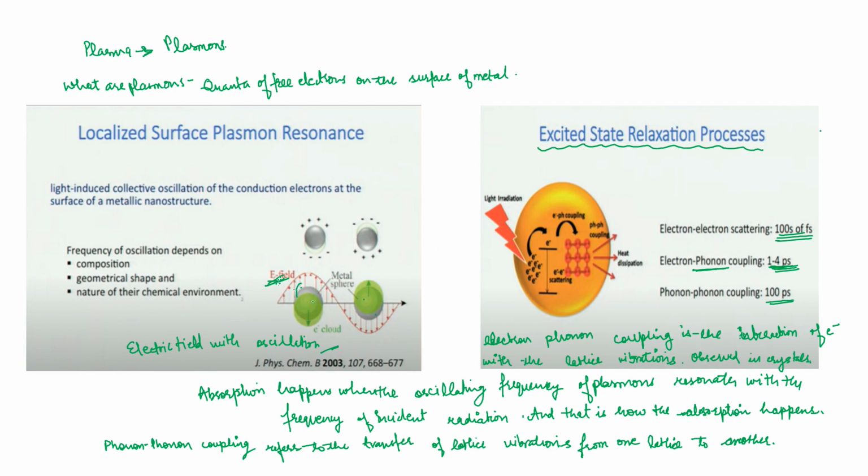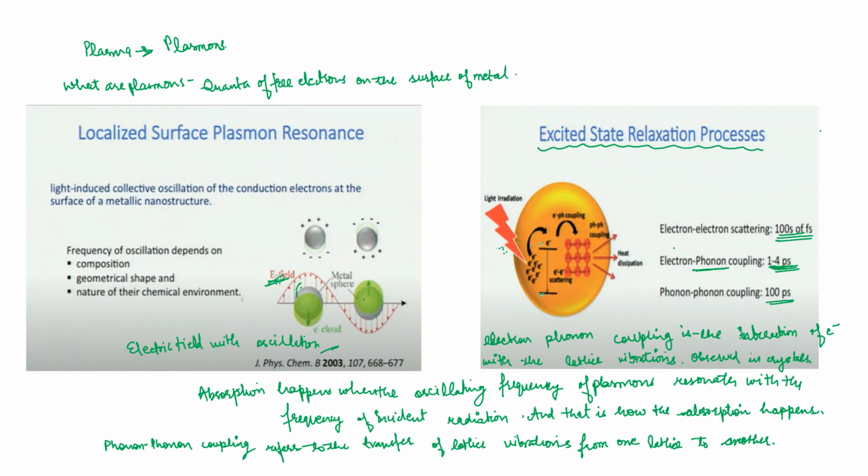As they excite and absorb the energy, they reach a higher state. This higher state is represented in the second picture. That is, from the ground state, these electrons reach the higher state. What are the processes that can accompany this change? The first one is electron scattering, which can occur from the excited state to the ground state.